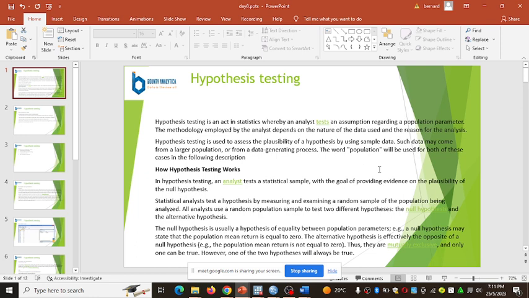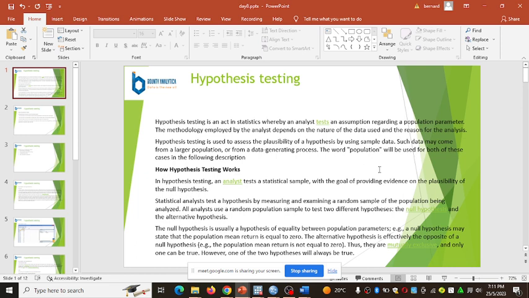Now, how does hypothesis testing work? That is a question that you need to have in your mind before we start on application of methods used to analyze hypotheses.